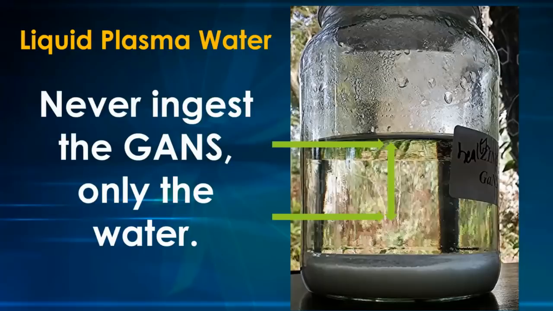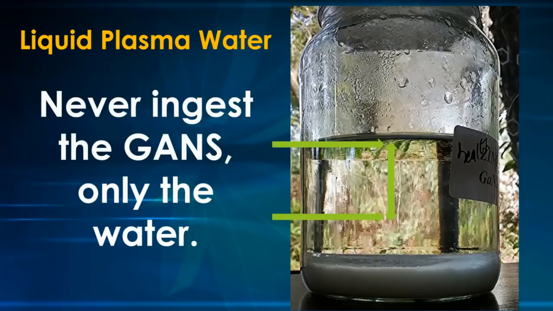So it also helps to produce this GANs water. And we don't have the problem of mixing the GANs with the water when you refill the tank. That's an interesting idea.